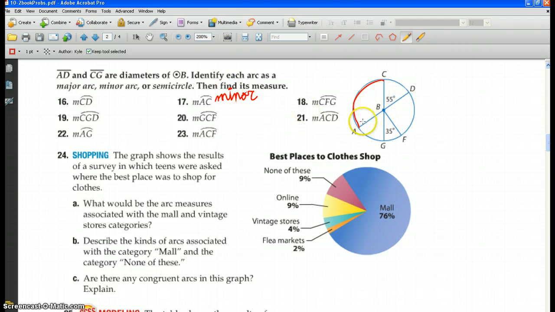And to find AC, well, from here all the way to here would be 180 because AD is the diameter. So we just want to subtract this part from 180. So we would have 180 minus 55, and my answer is 125 degrees.